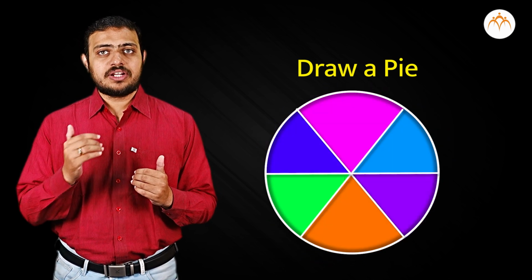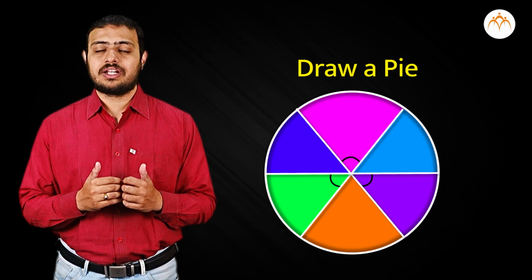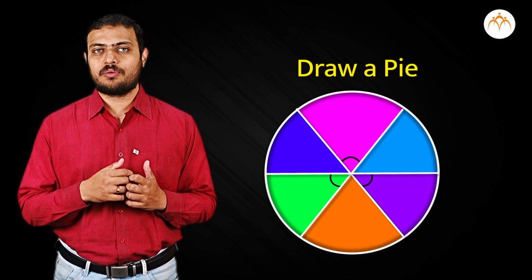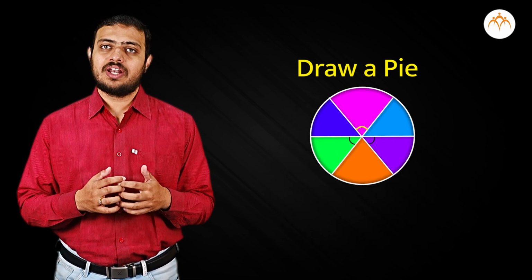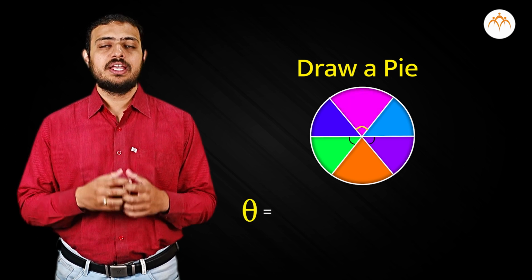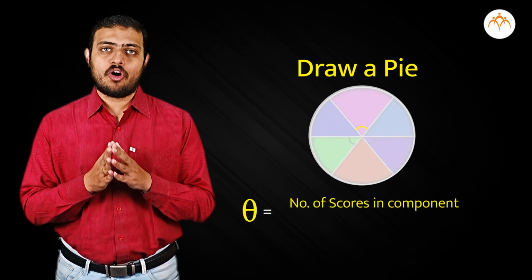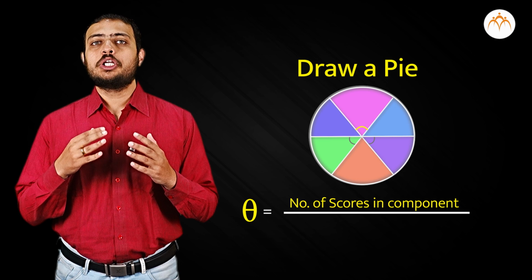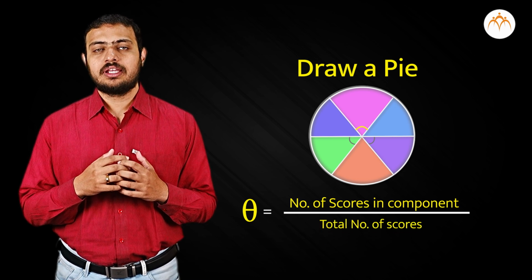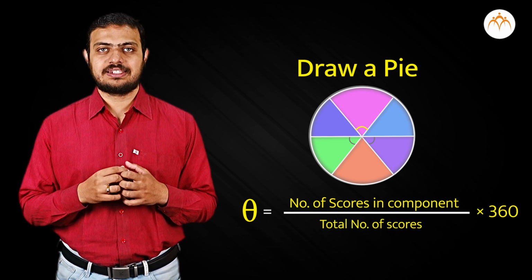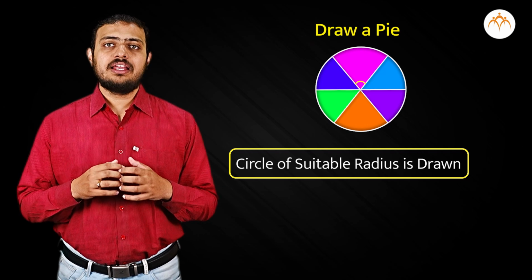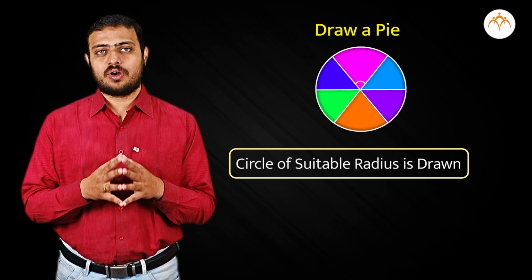The measure of central angle of each sector is found by the following formula. The measure of central angle theta is equal to number of scores in the component divided by total number of scores into 360.